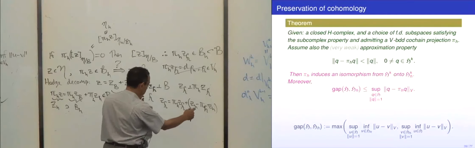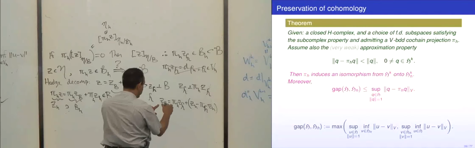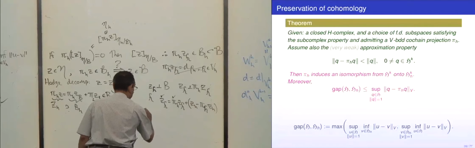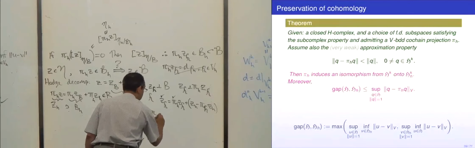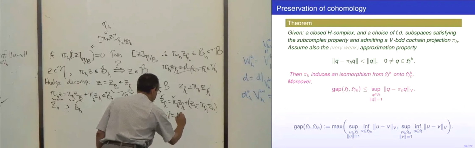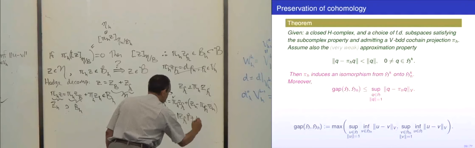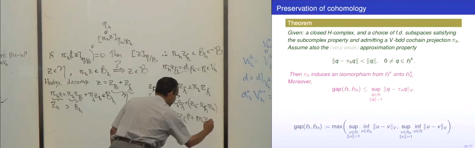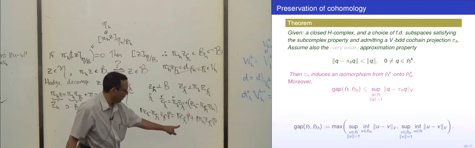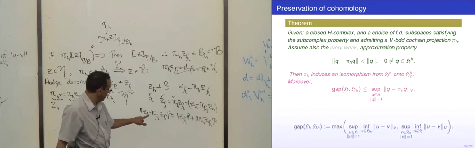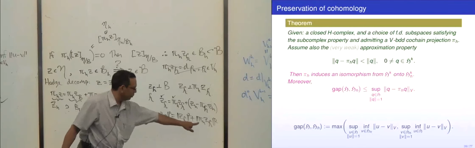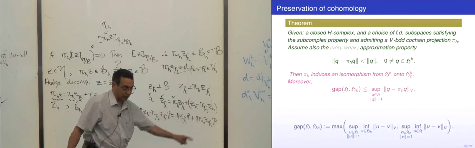This guy is orthogonal to this guy, so we use the Pythagorean theorem and we get that ZH minus pi h ZH squared is equal to ZH squared plus pi h ZH squared, because the two things are orthogonal to each other. But we assumed that this thing was strictly less than ZH, and here it shows it's greater than or equal to ZH. So that's a contradiction.